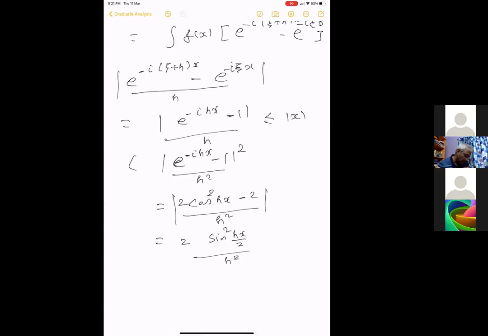Now this is sin of hx by 2, squared; is there a 2 factor coming somewhere? And this is less than or equal to x squared. This is okay.